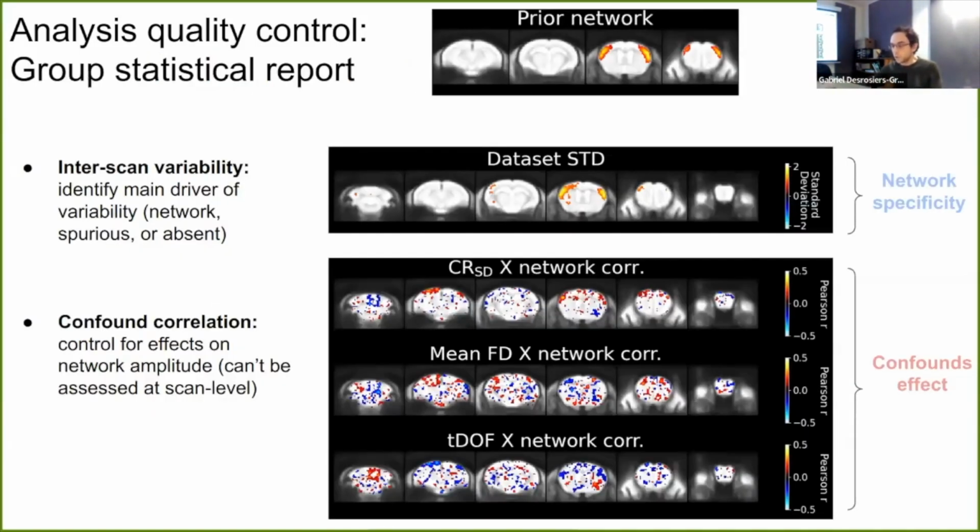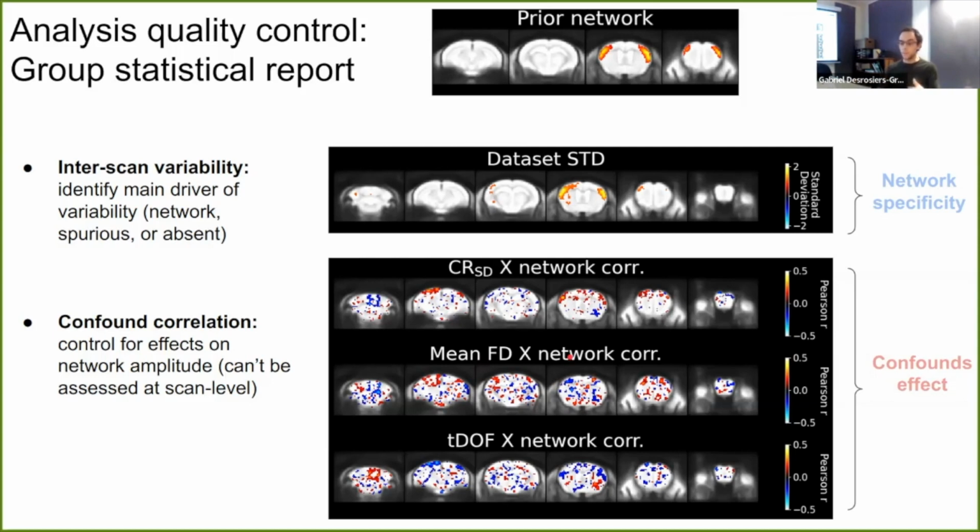So this is the first metric of the report, but in addition to this, there are several confound metrics that are correlated with connectivity across scans. That's a pretty conventional way of looking at confound effects in the human literature, in particular with mean framewise displacement. So these are correlation maps where, for instance, mean framewise displacement was correlated with connectivity strength across scans.